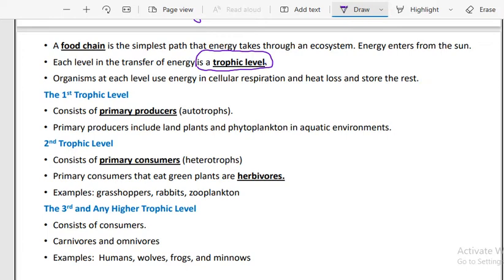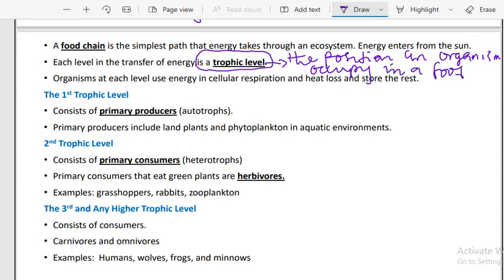You can also say a trophic level is the position an organism occupies in a food chain or web.